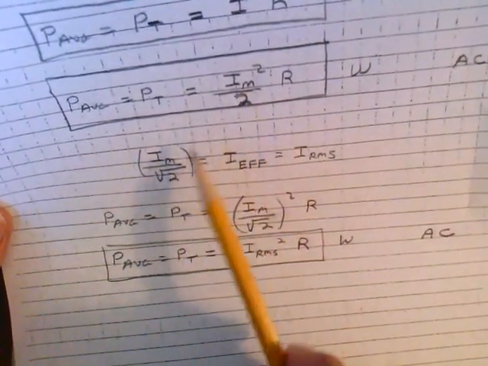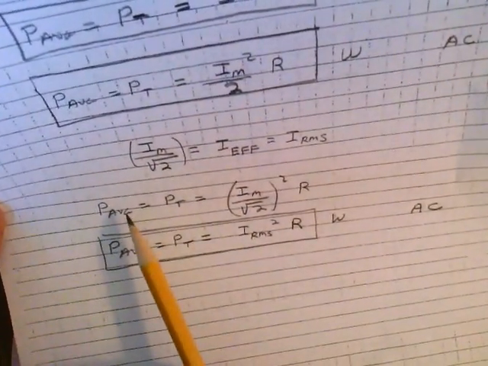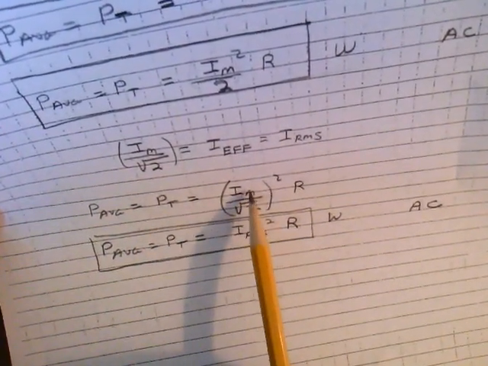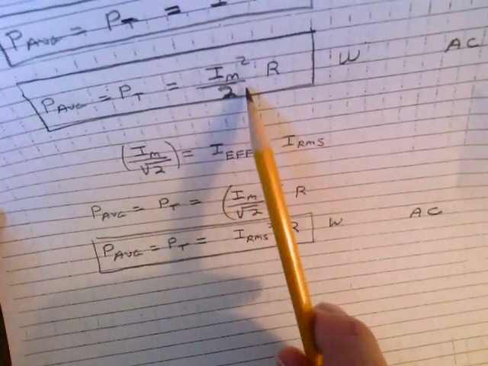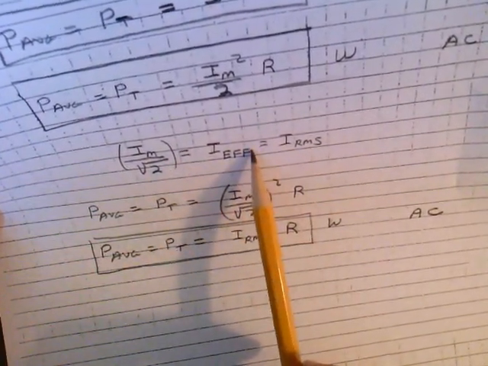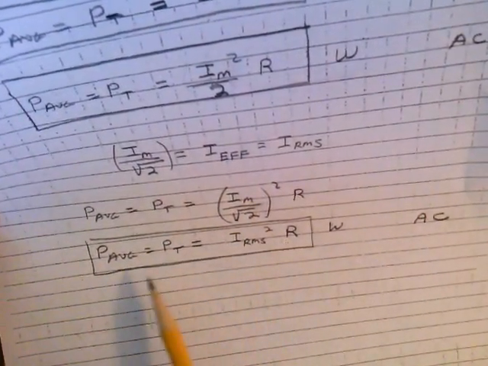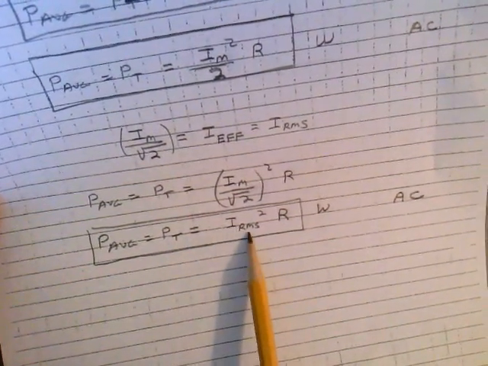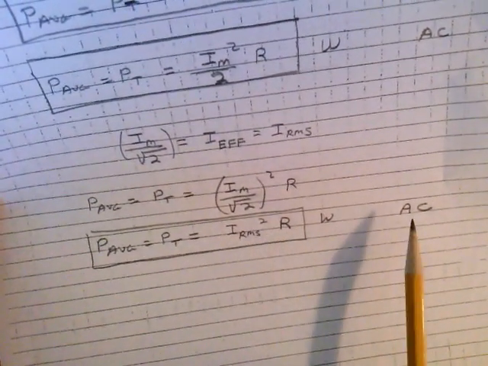So I think you can see with the substitution up here that you can come down with this formula where the average power, the true power, is I max over the square root of 2, squared. It's just this formula using this as a substitution. So I come up with a third formula that I already gave you: the average power or the true power is equal to the RMS value squared times R. That's for an AC circuit.